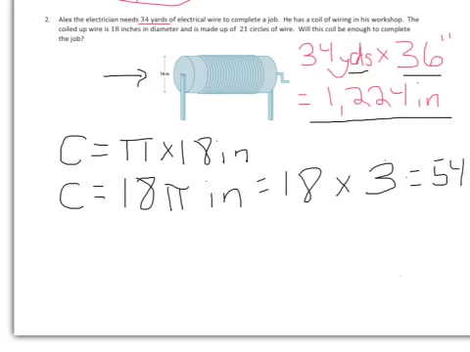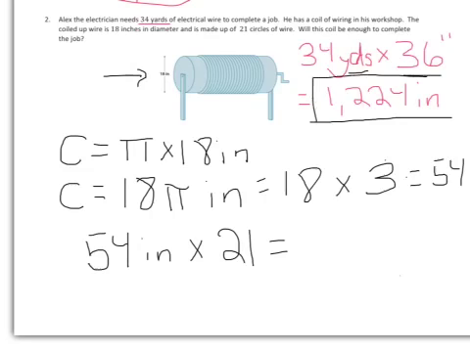So 54 inches long for each circle in the coil. Now we have 54 inches times 21 circles. We have to decide, will this be more than this number up here, 1,224, or will it be less?